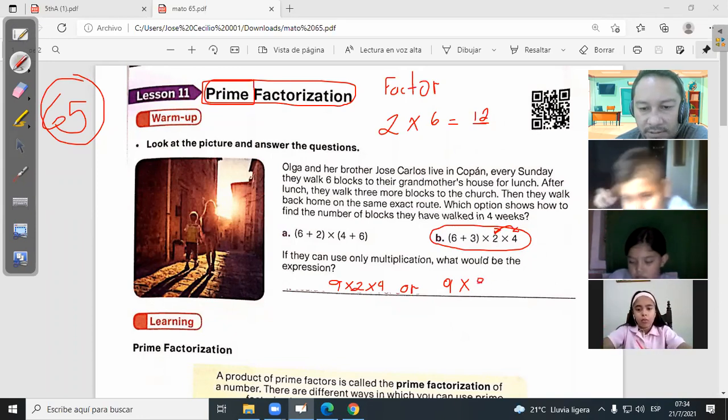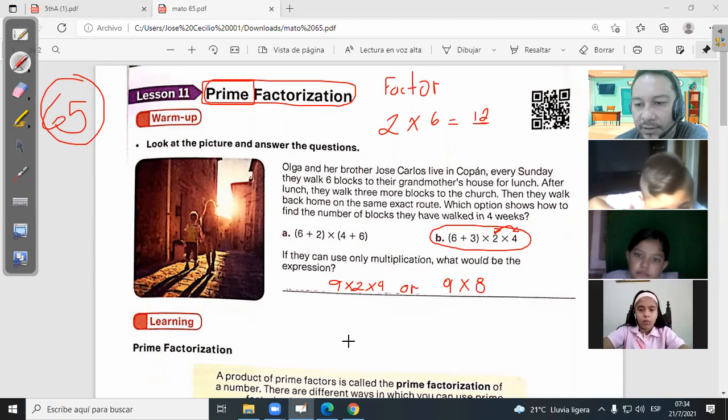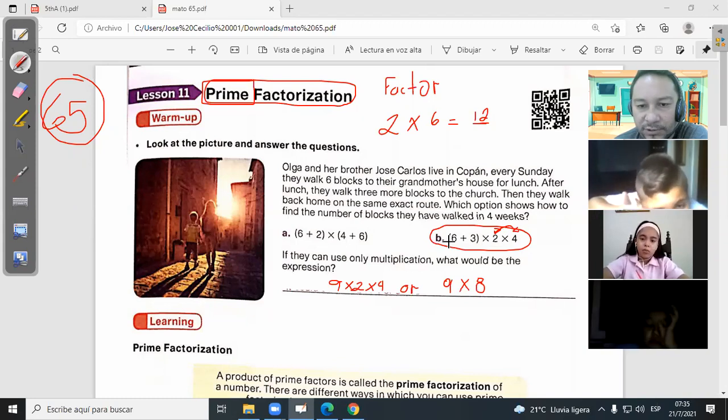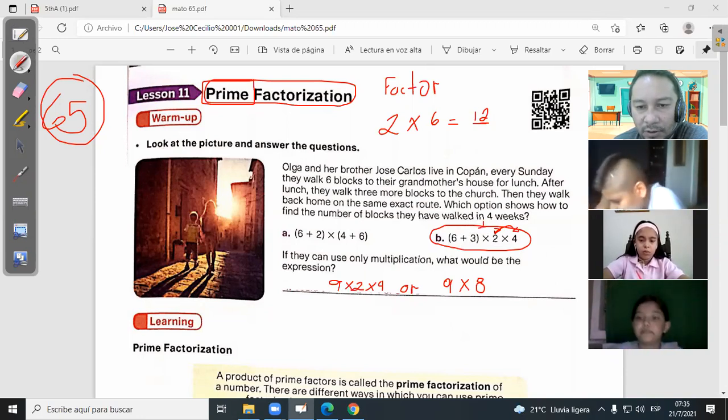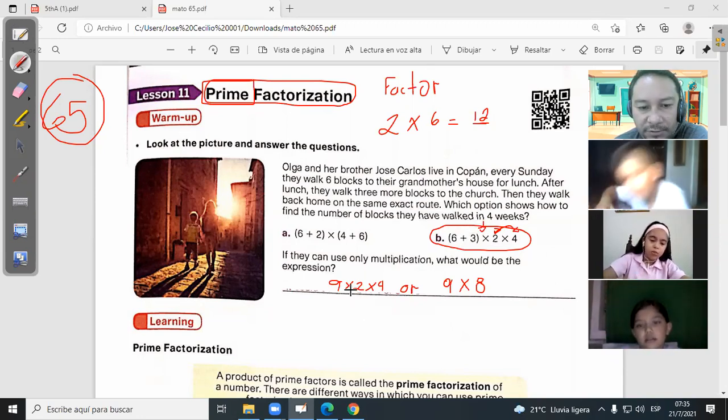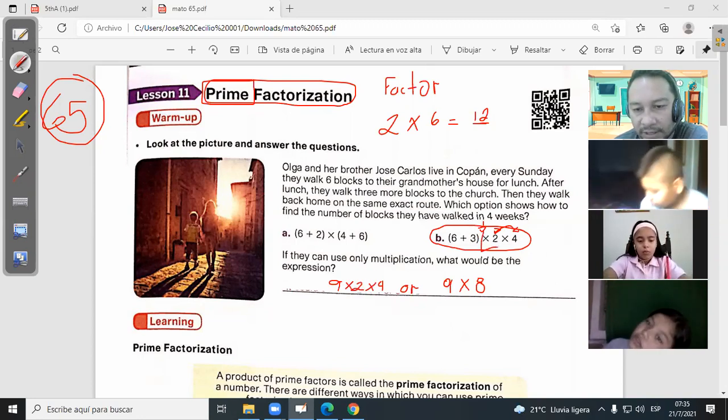Yes, this is another expression that you can use. Simple. 6 plus 3 is 9. Then I have the symbol of multiplication, times 2 and times 4. Only write this.